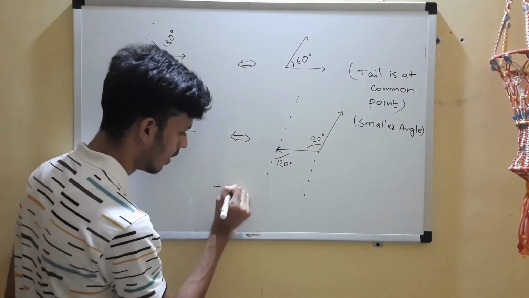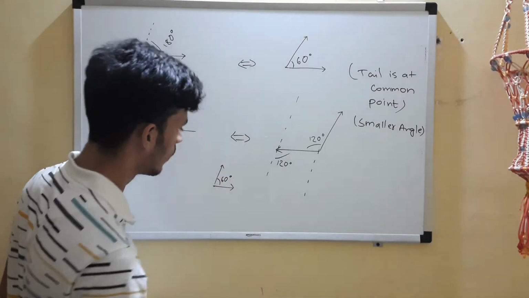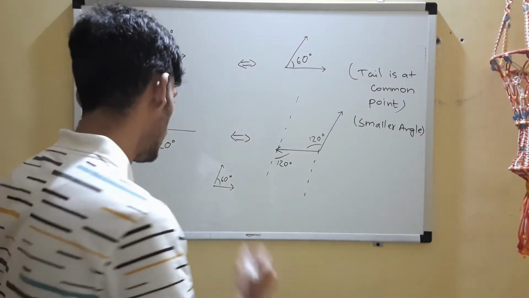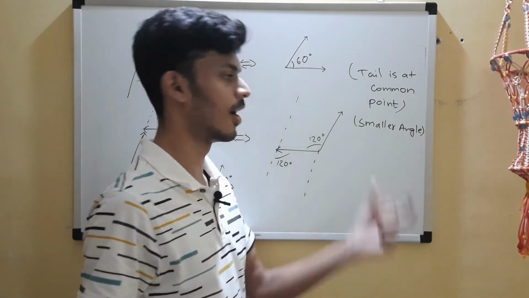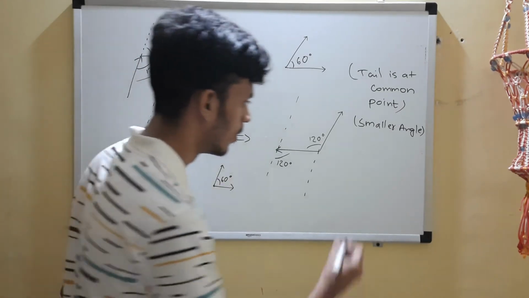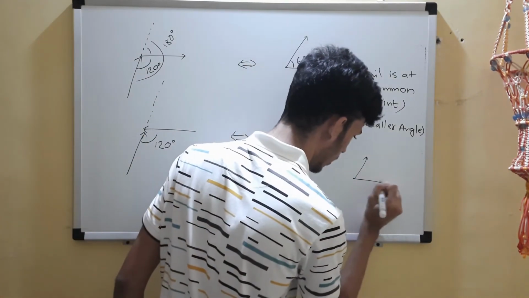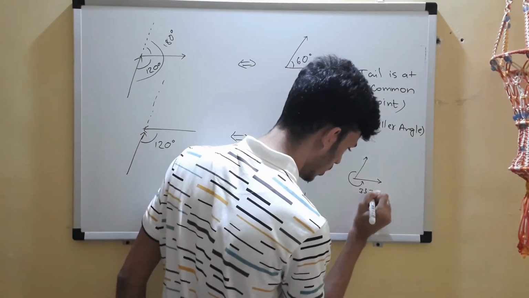Tail-tail is simple; the first condition is directly satisfied. Suppose this is 60 degrees. Both of them have the tail at the common point, and you measure the smaller angle, which is 60 degrees. One more of tail at tail: suppose this is 330 degrees.